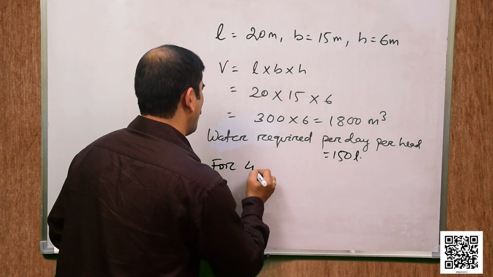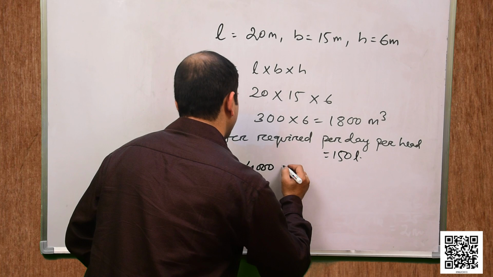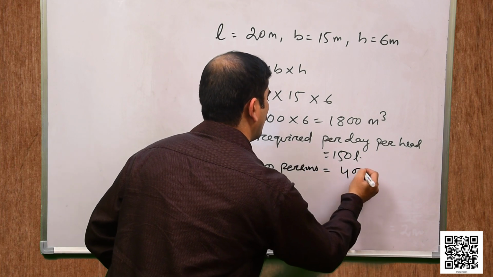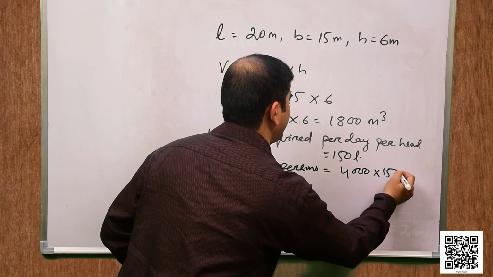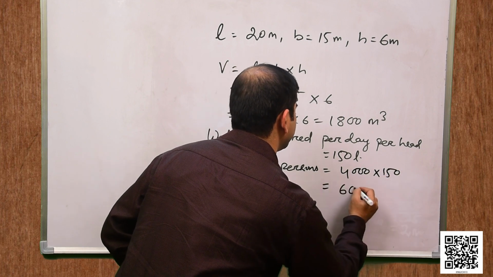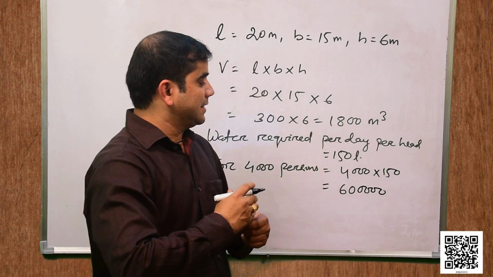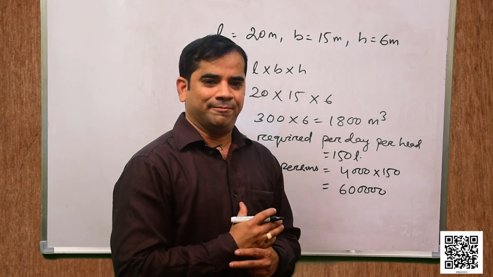So for 4,000 persons, it is equal to 4,000 into 150. It is 6 lakh liter.